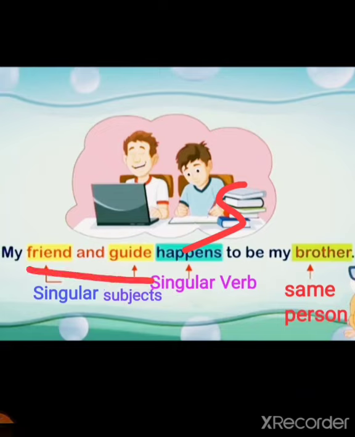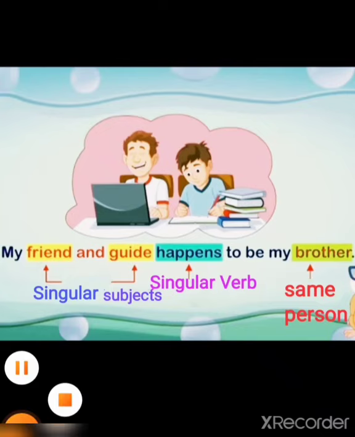It is the same person I am referring to. So it is present tense, third person, singular number, and that is why s or es will be added after the main verb. The sentence is, my friend and guide happens to be my brother.